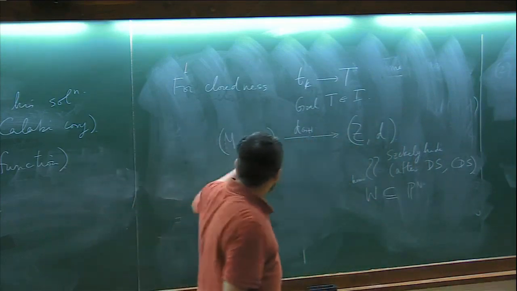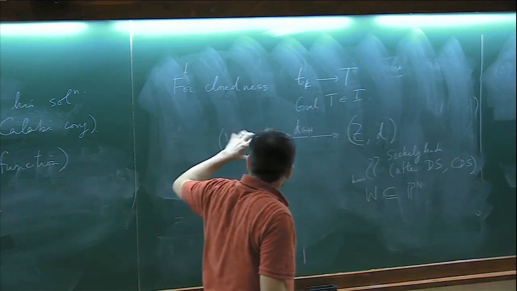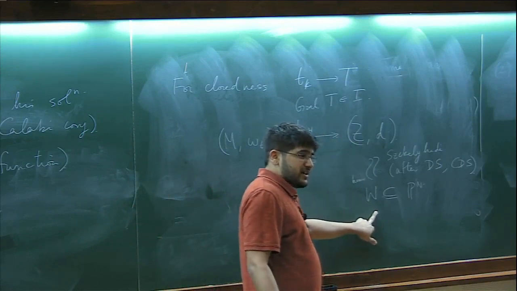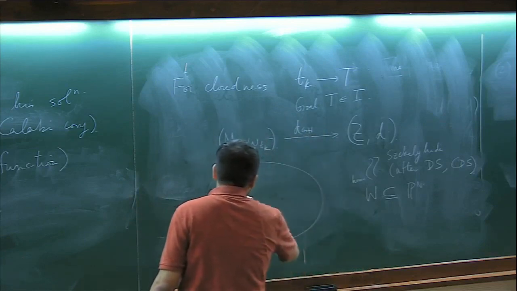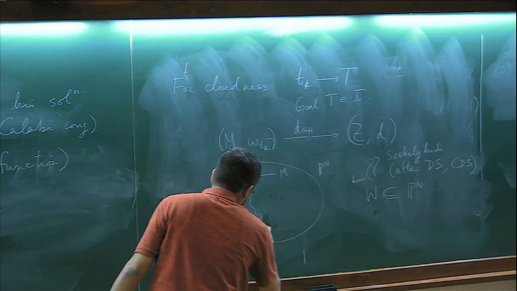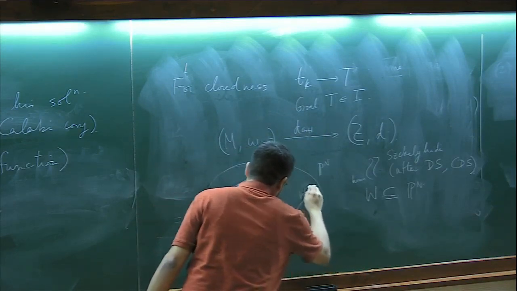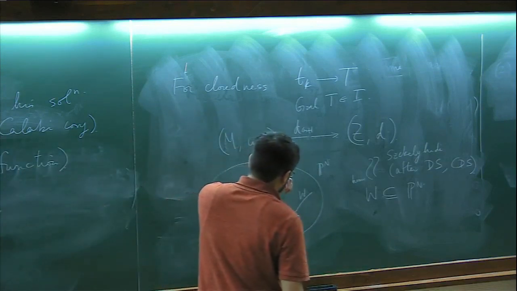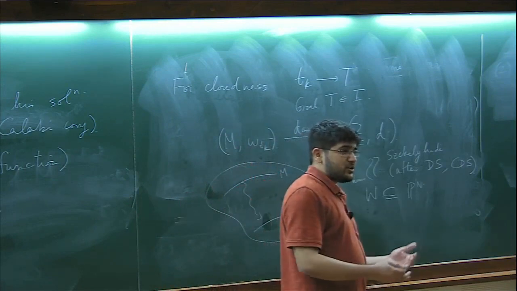So now we get a whole family of Kahler manifolds that converge to something that's a normal projective variety. If you can embed this entire picture in P^N, you have your embedding, and they're converging to this normal projective variety W. Then the idea is that this gives you a candidate to test K-stability.